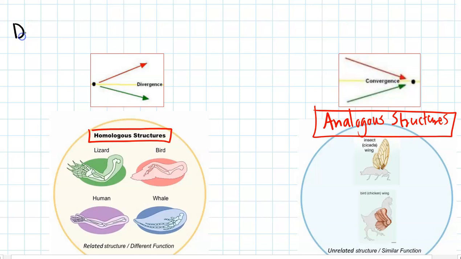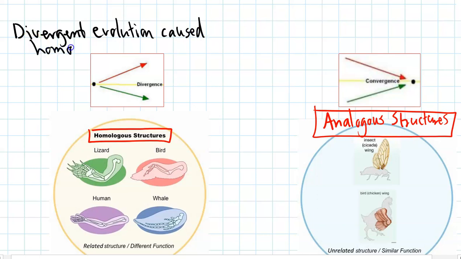So divergent evolution, it causes homologous structures. And just the opposite, convergent evolution causes analogous structures.